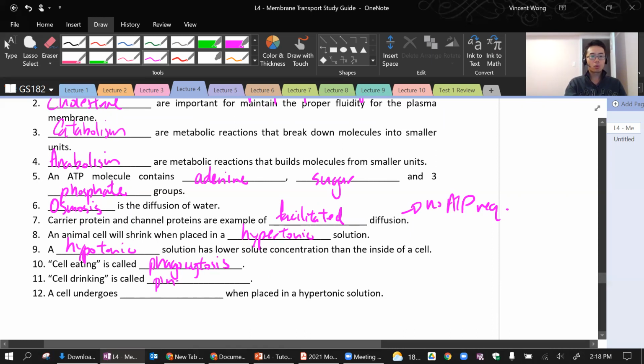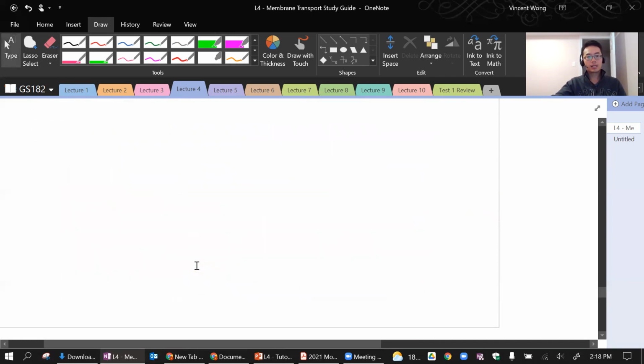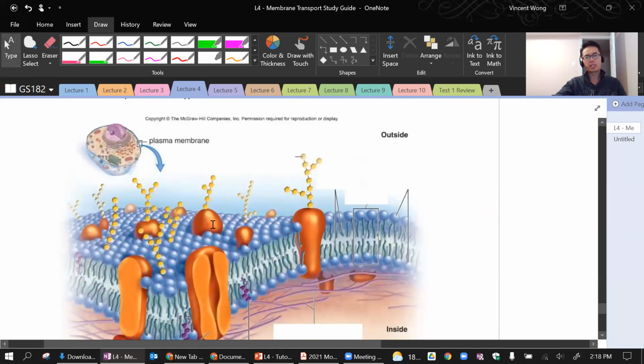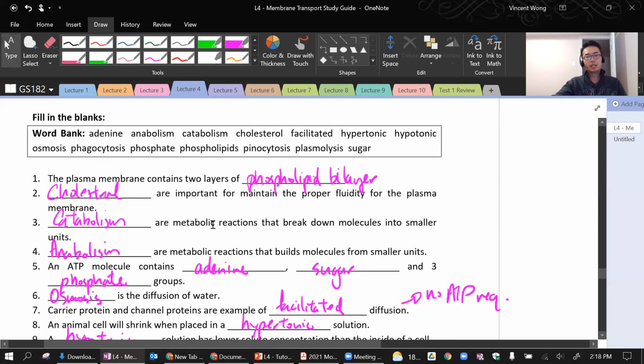Cell drinking is pinocytosis. And if you put a plant cell in a hypertonic solution, it will undergo plasmolysis. Okay. That is that. This one is just, you can fill it in yourself. I think I already filled this in the lecture, probably.